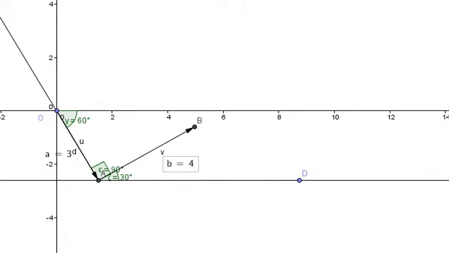So this length here is 5. Of course we could have used a calculator, but also we could solve this problem mentally. So here is the exact value, and now we have to find the direction of the vector W.